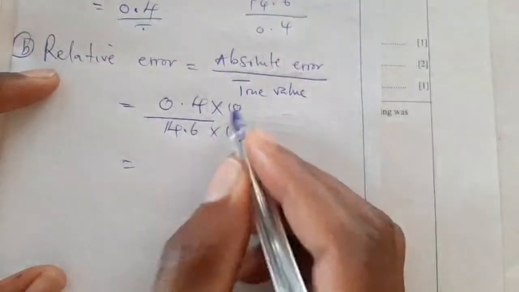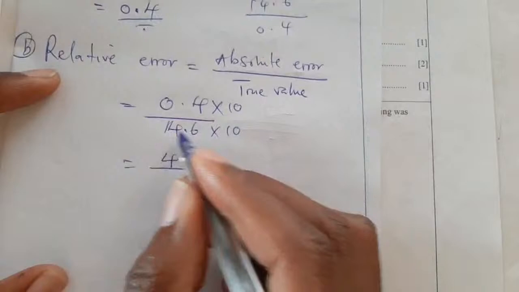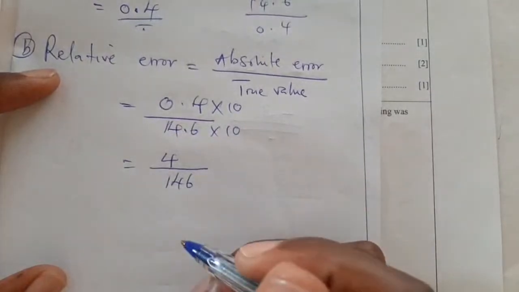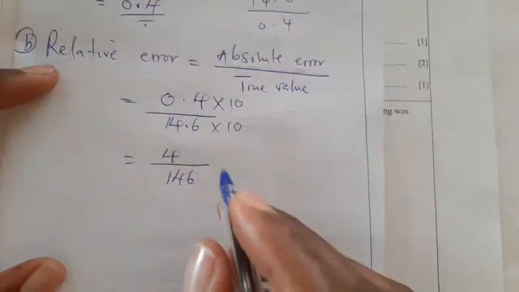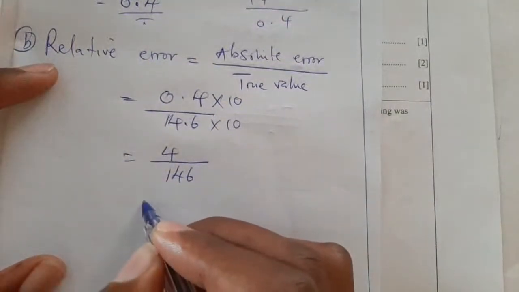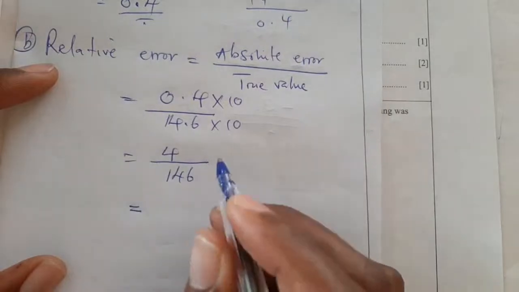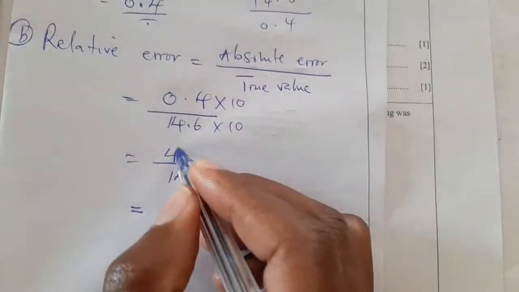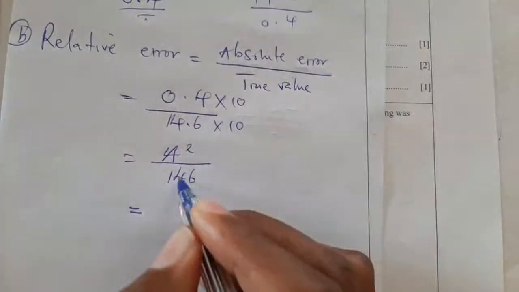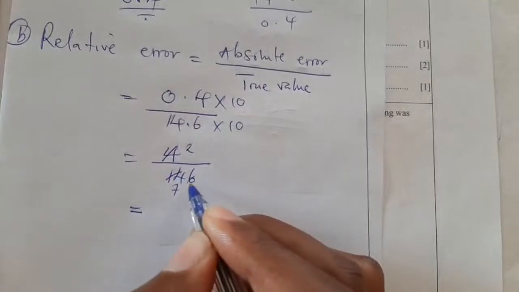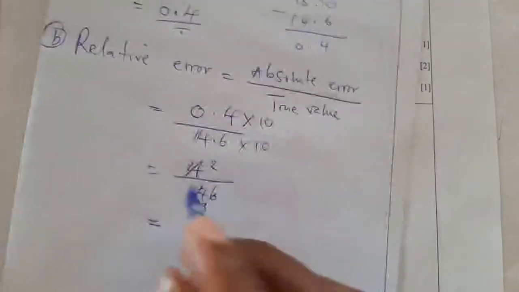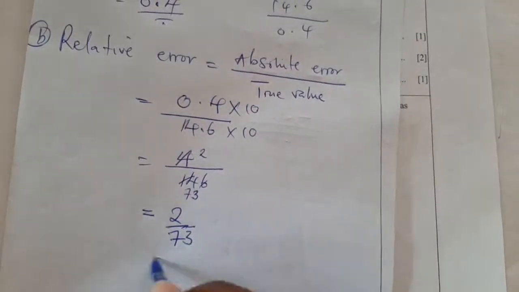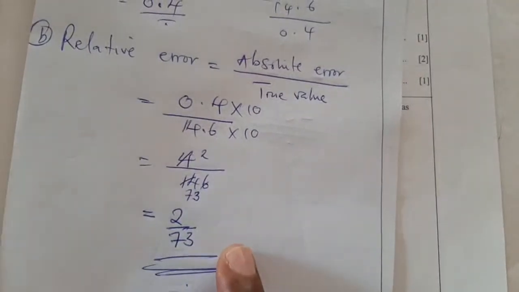This 4 times 10 will just be 4, over 146. Then we can use a 2 to simplify this: 2 into 4 is 2, 2 into 146 is 73. So the final answer will be 2 over 73. This will be the relative error.